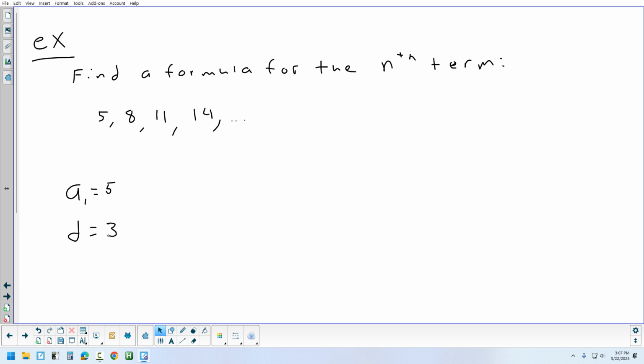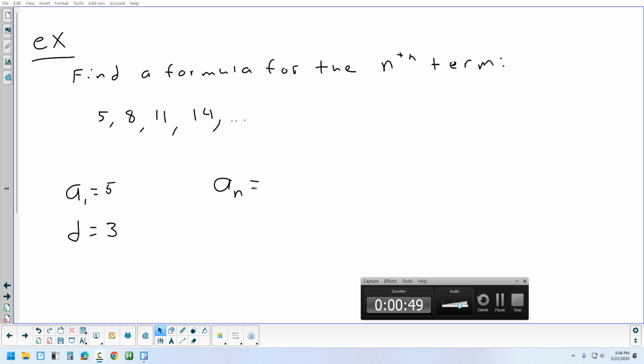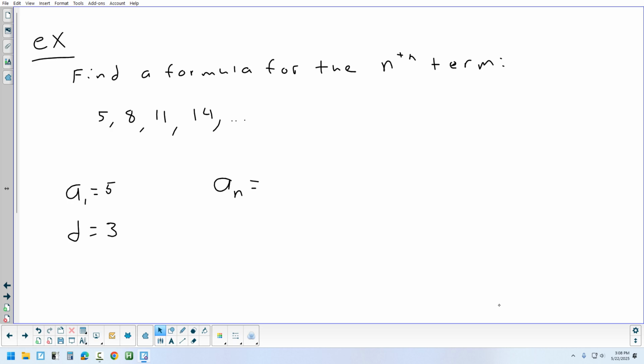Okay. Now there's a formula we can plug into. It starts out a sub n equals. And does anybody remember what the formula is from Monday for finding the terms in an arithmetic sequence? Yeah, go ahead. Joe, you think you got it? A sub n is A1 r to the n minus 1.